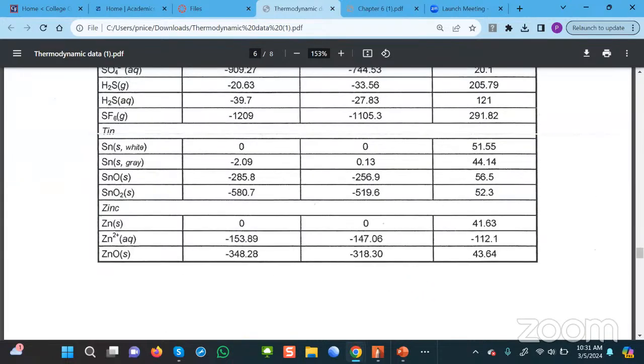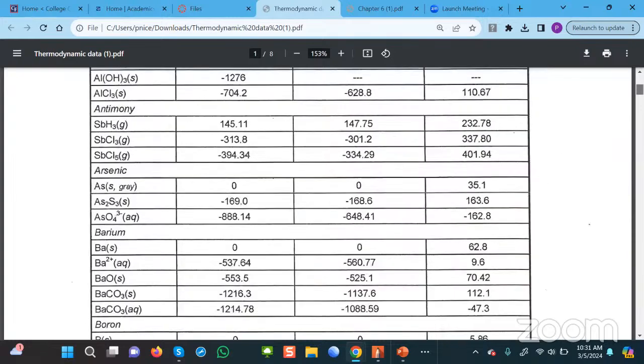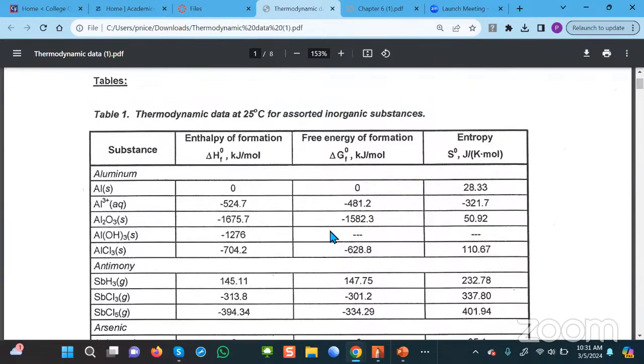Yes, it is listed in alphabetical order, right? So let me go back to the top here, right? Now, for all purposes in this course, we will not be concerned with the last 2 columns here. We'll be only concerned with the enthalpy of formation part of it, right?